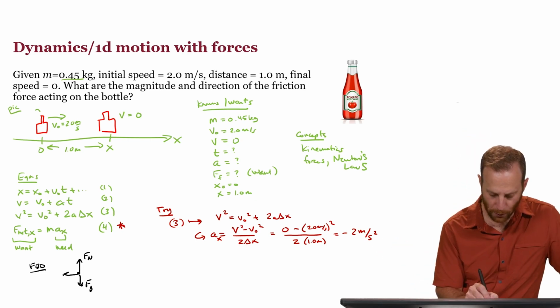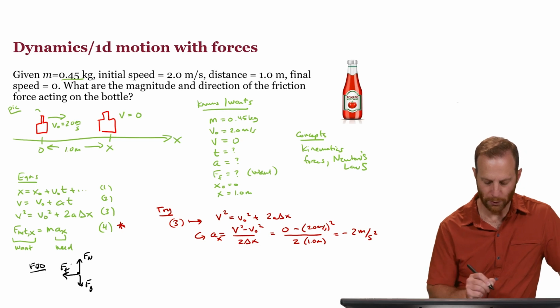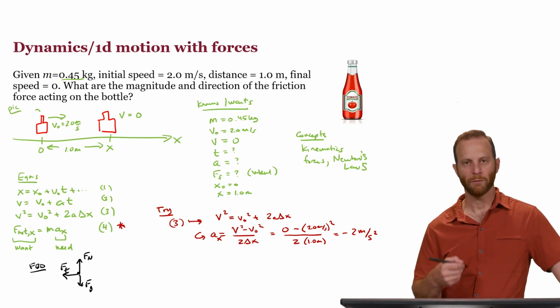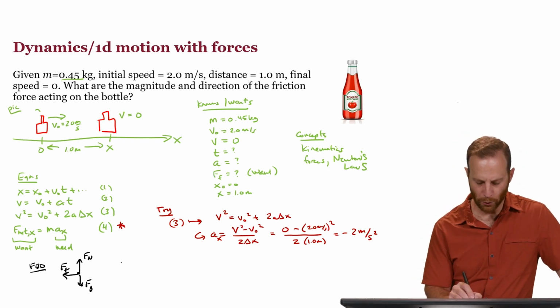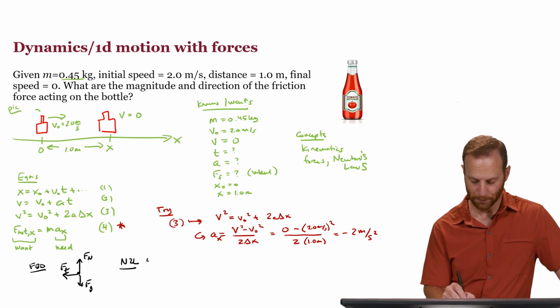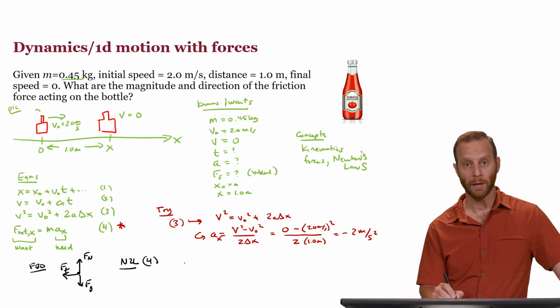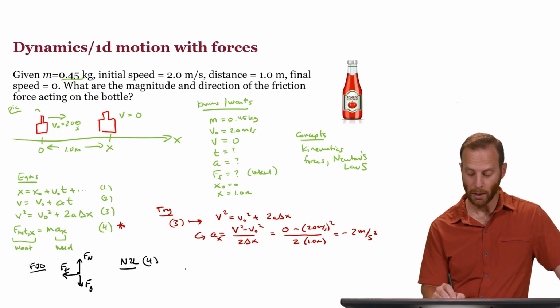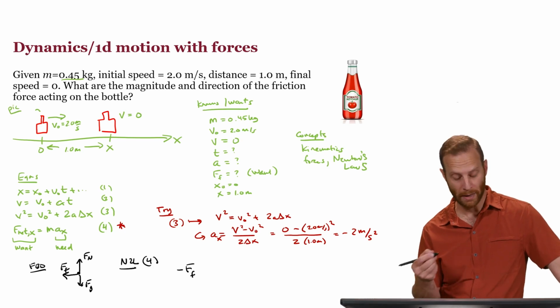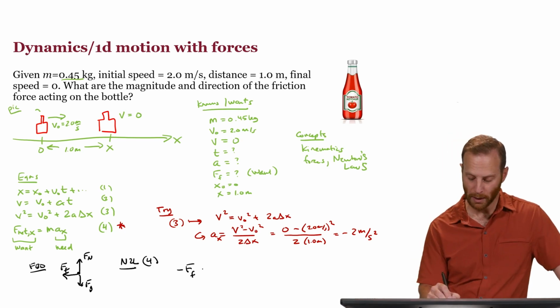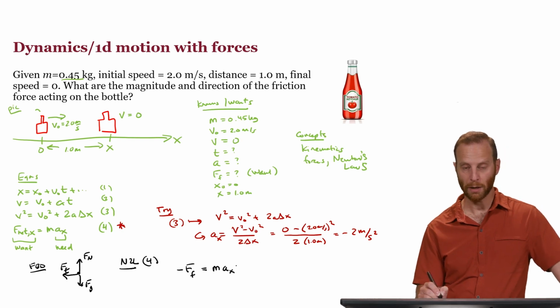There is a frictional force which points this way. I'll call it F with a subscript f. Using Newton's second law, equation 4, the net force is the frictional force with a minus sign, which accounts for the fact that it points to the left. That equals the mass times the acceleration in the x direction.